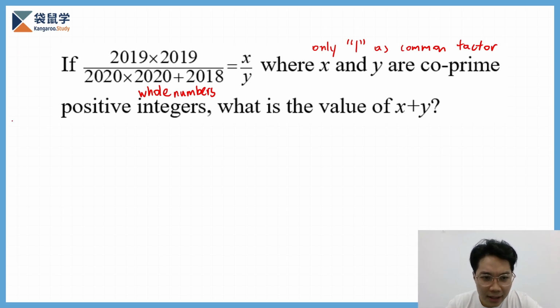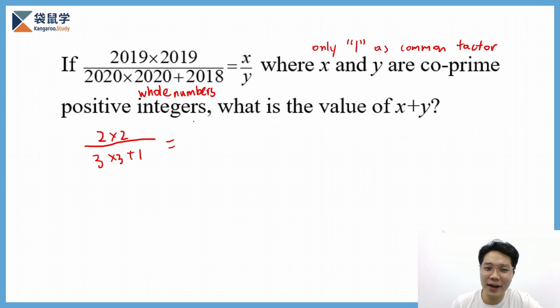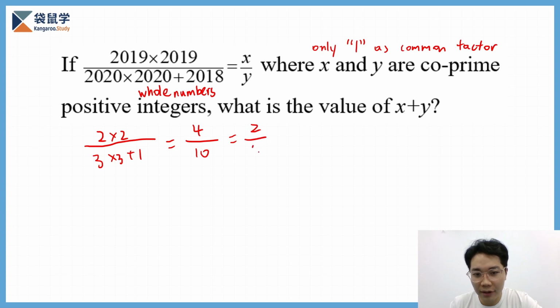Okay, let's start. If it is much smaller, let's say the number 2, we can take 2 times 2. And what will the other numbers be? It will be 3 times 3 plus 1, right? And this will give us the numerator 4, the denominator 10, and we can simplify to 2 over 5.